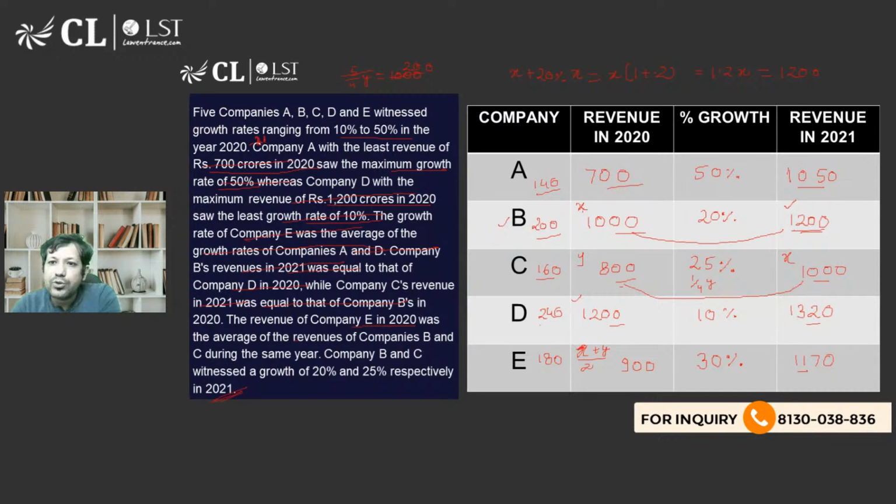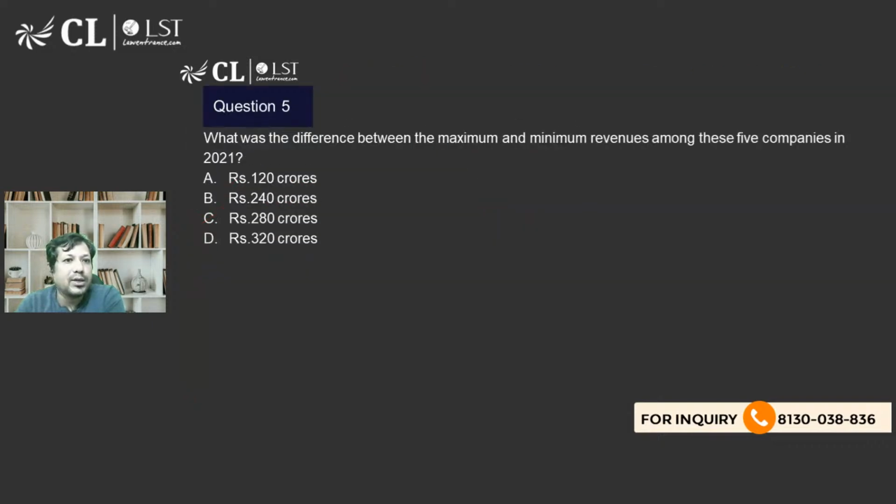It is going to be 270. Oh, the lowest value is 1000. So 1320 minus 1000 is going to be 320, and that is going to be my option D. So the answer of this question is going to be option D. I hope everyone understood this.